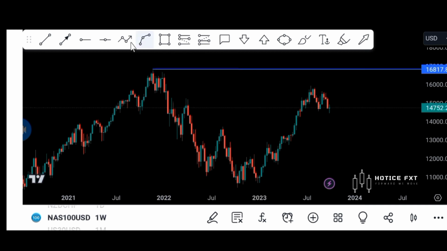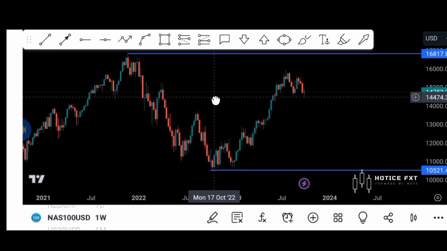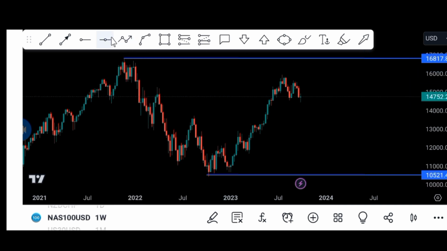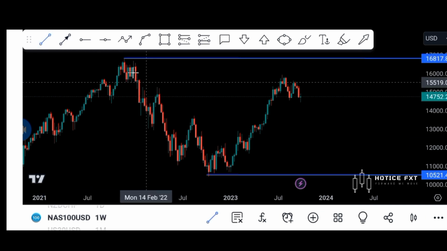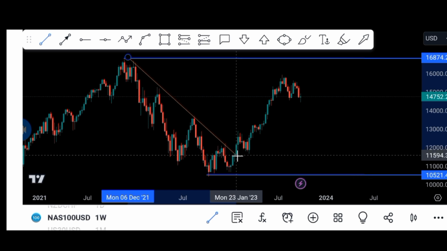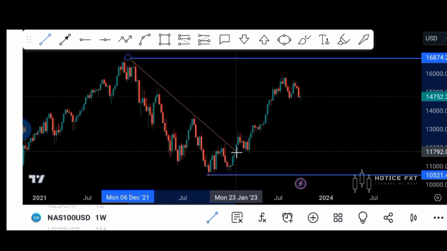I will just mark my higher here and then my previous lower from a bigger time frame. So this is how I outline it, and then from here I will take my trend line to outline the pattern that I have previously mentioned in my previous videos, guys.